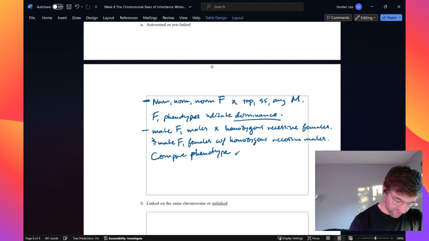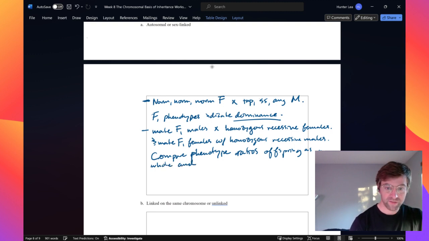Compare phenotype ratios for offspring as a whole and as ratio by sex.